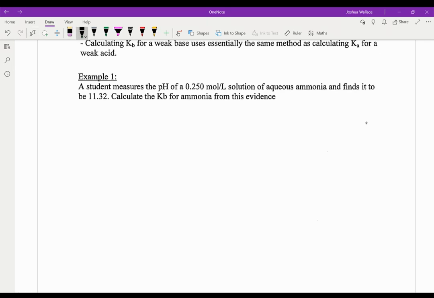All right, we have NH3, which is aqueous, reacting with H2O liquid to produce, this is an equilibrium, NH4+ and OH-, which is aqueous.